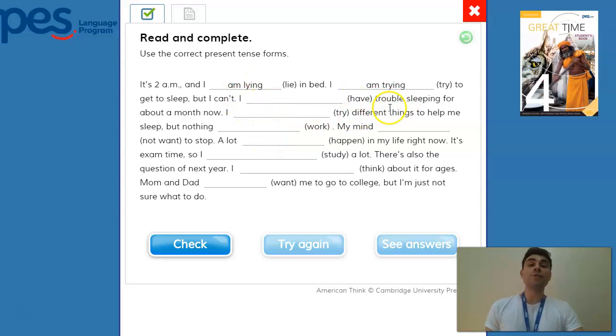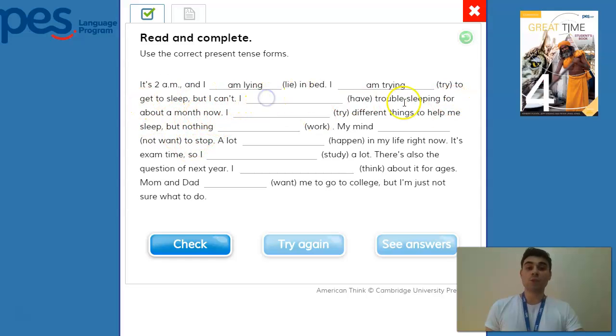I have trouble sleeping for about a month now. And guys, remember, this word here helps us a lot to understand what's going on when time is concerned, right? So here, I trouble sleeping for about a month now.